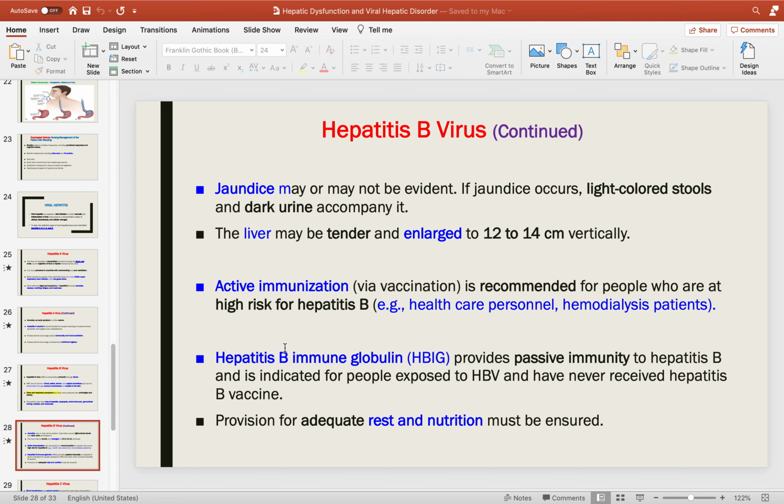It's very important to maintain standard precautions by preventing contact with any secretions from the patient, and to get immunization if you are at risk of getting hepatitis B, especially healthcare providers.